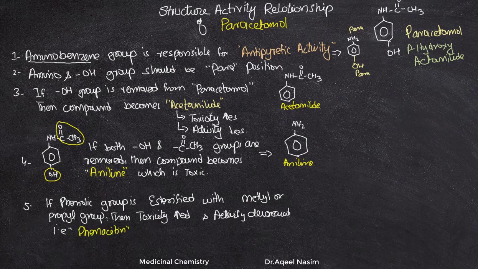NHC double bond O CH3 remains the same, but instead of OH I have just written OC2H5, so it forms phenacetin. Phenacetin is also a derivative of the para-aminophenol group or paracetamol group. So remember it, it is another SAR of paracetamol.